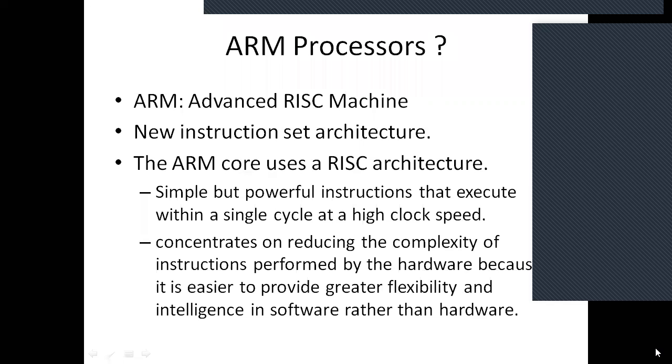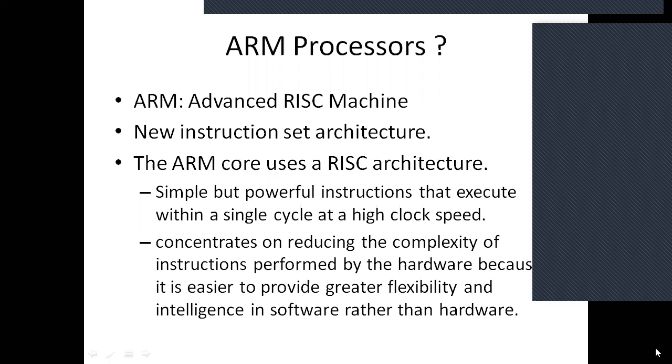That means, in order to reduce the overall processor complexity, they reduce the instruction set architecture, so they included only limited instructions. They execute in a single cycle and also consume very little power. As the circuit hardware complexity reduces, the size of the processor also becomes smaller, and the cost also reduces.